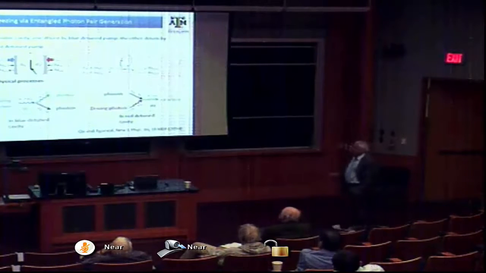Okay. So if we think of a blue photon here, the blue photon would be at the cavity frequency plus the mechanical frequency, and this photon can generate a photon and a phonon, and there is some spread here. So little omega gives the spread.